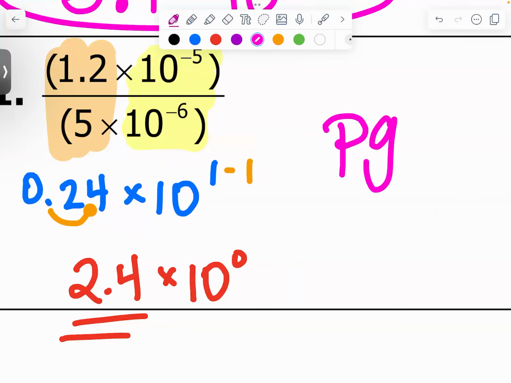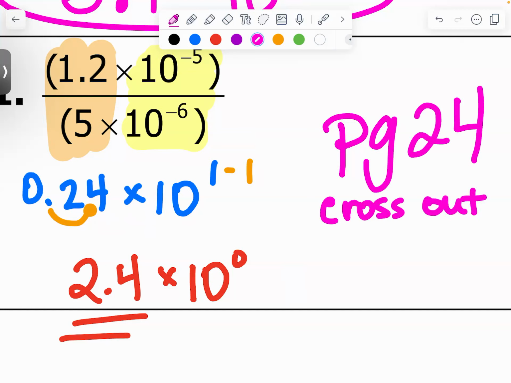Everybody go to page 24. Oh, you're already there. Cross out 13 to 18. But the rest is your graded assignment. What's going to happen is you're going to do these, and then we're going to rip out this page tomorrow to turn it in. 13 through 18, we're crossing out.